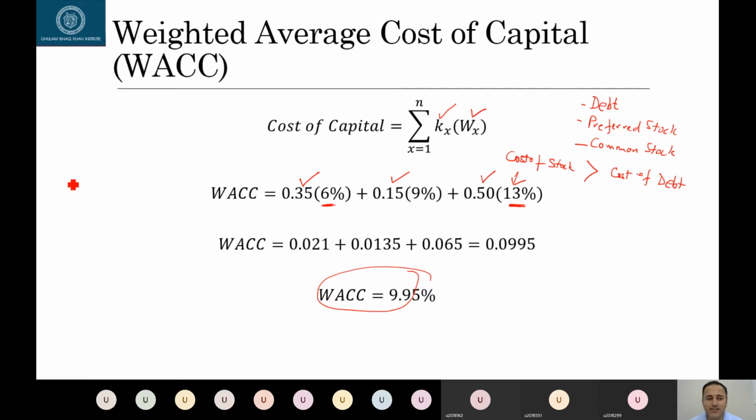So what the book says is that if we are evaluating individual components of the capital, so individually debt, preferred and common, and you calculate something where the common stock cost is less than the cost of debt, it's a sign that you did something wrong.